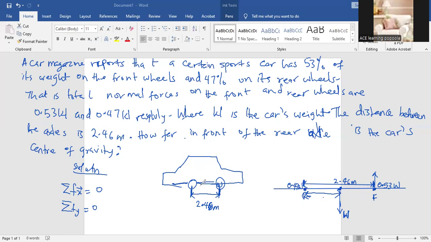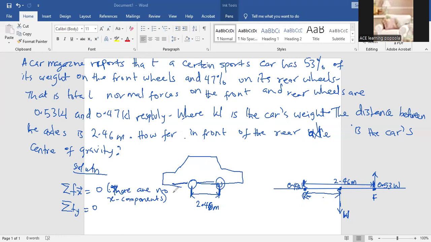So that means the summation of all the forces in the x direction is 0. There are no x components. So this first condition is satisfied.